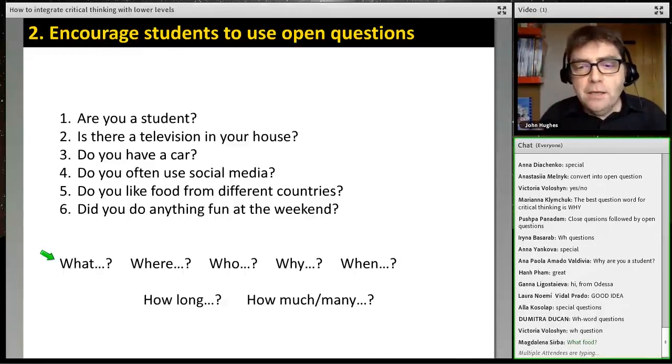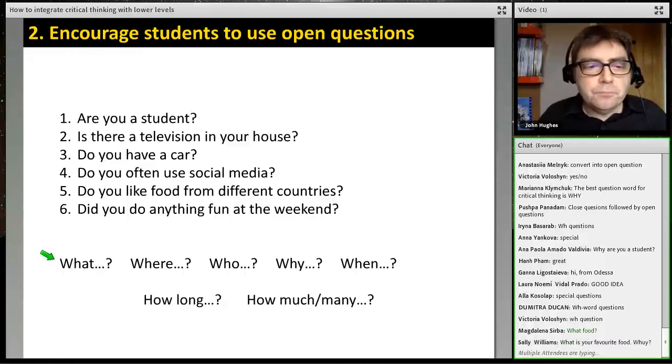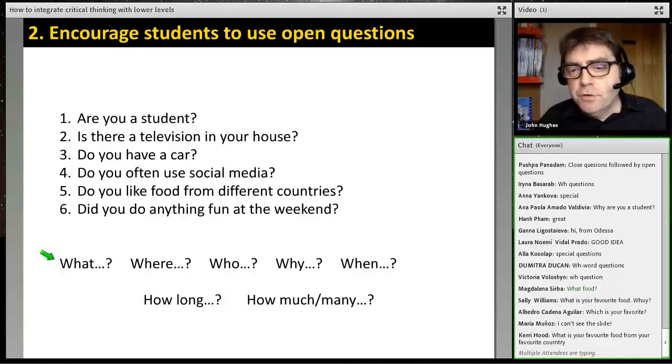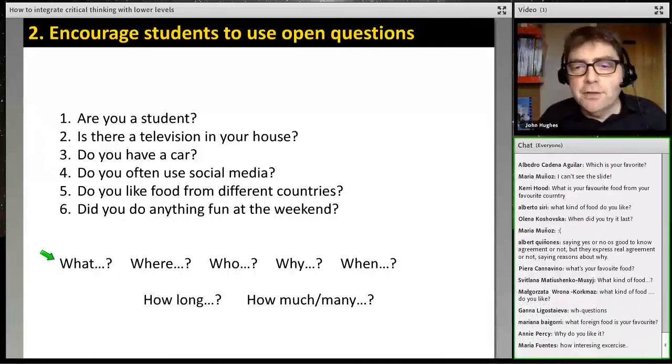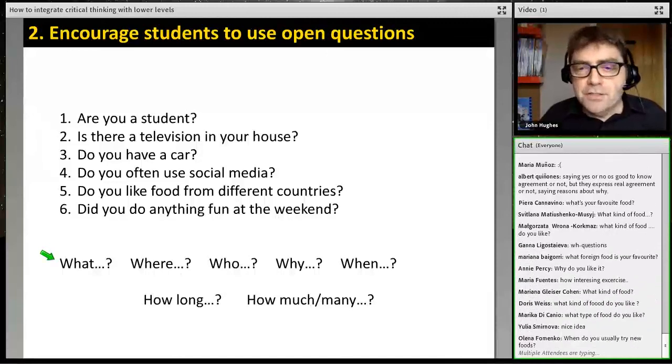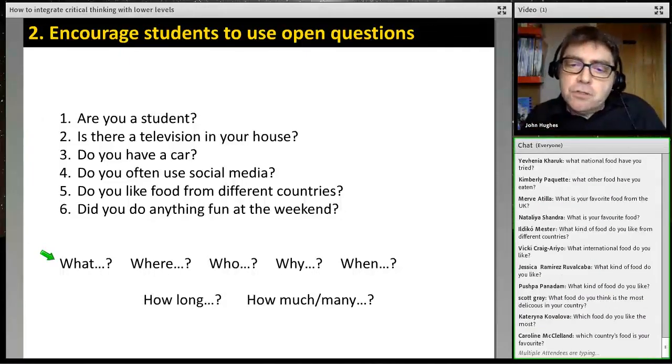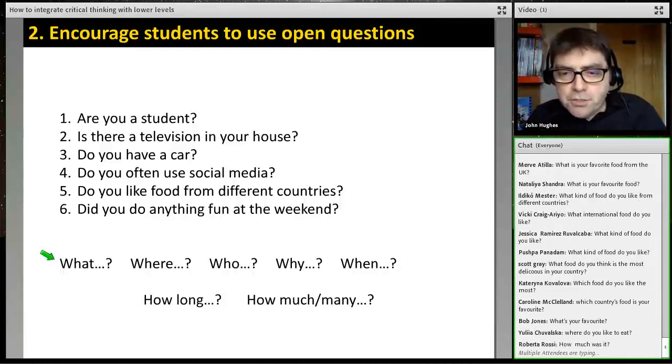Choose any. So what food do you like from different countries would be one question, Magdalena. Yep. Any other questions? What's your favorite? Which is your favorite? Maria can't see the slides, sorry. When did you try it last? And so on. Okay, so very quickly we've generated lots of new open questions.